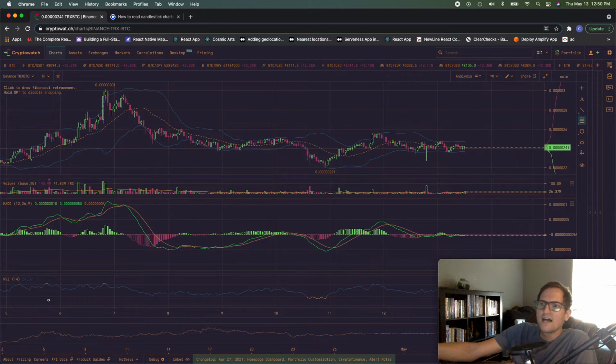Our RSI, again the Relative Strength Index, is showing the strength of what's going on with the current asset, represented in a chart here from 0 to 100. These lines here in the middle are going to be your 30 and your 70 marks.